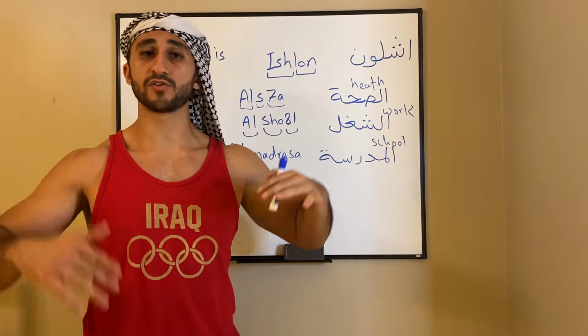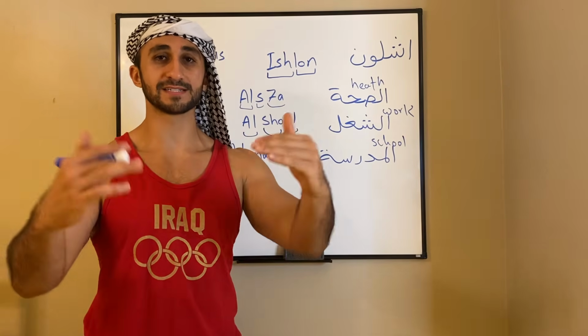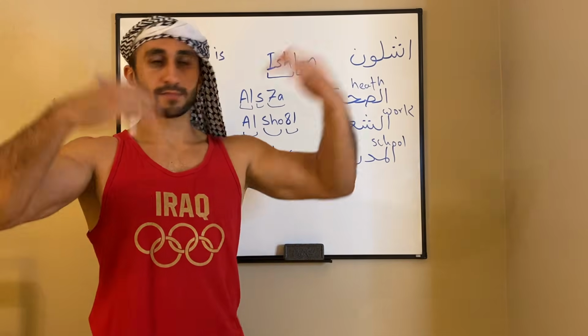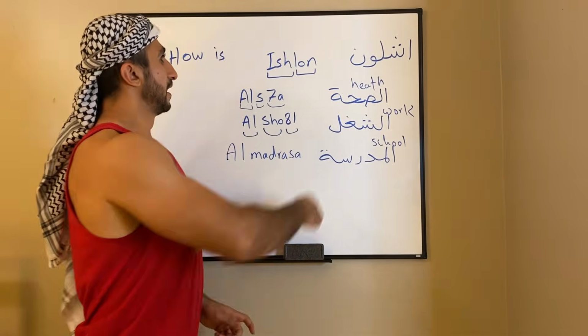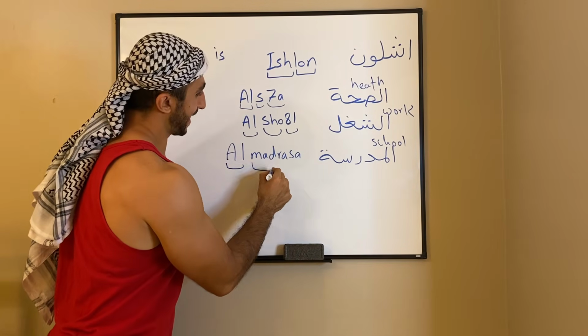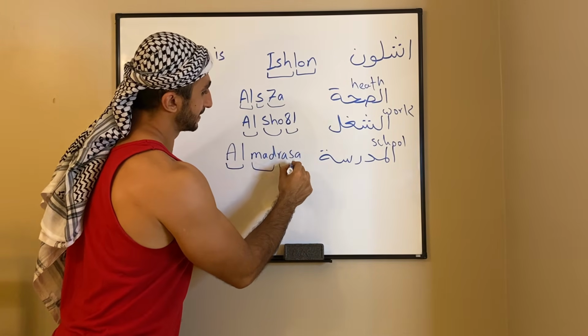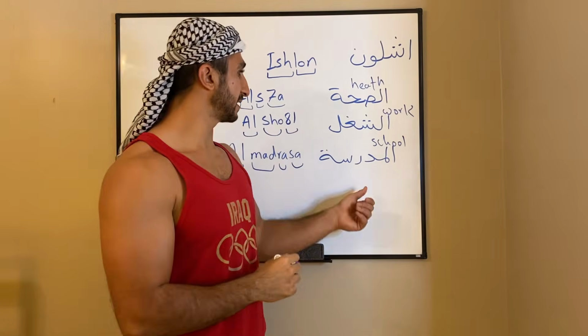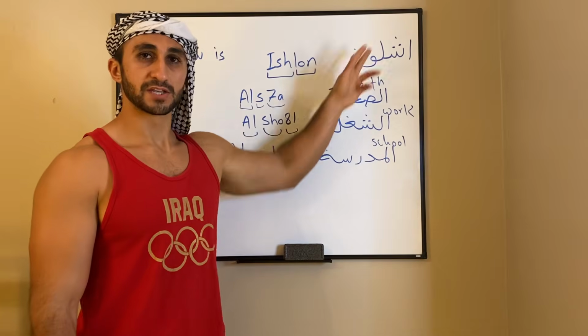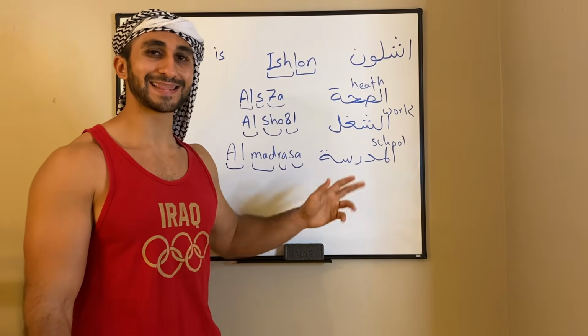This is a big thing when you first meet someone or when you see someone for the first time in a little bit, or, you know, next day, whatever. Okay? So, ishlon al-madrasa. This one is easier than the other two, okay? The other two are a little bit hard. So, شلون الصحة, شلون الشغل, شلون المدرسة.